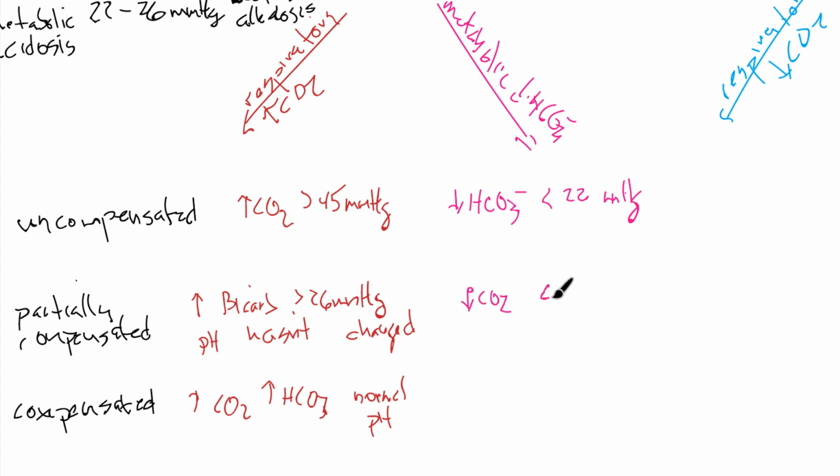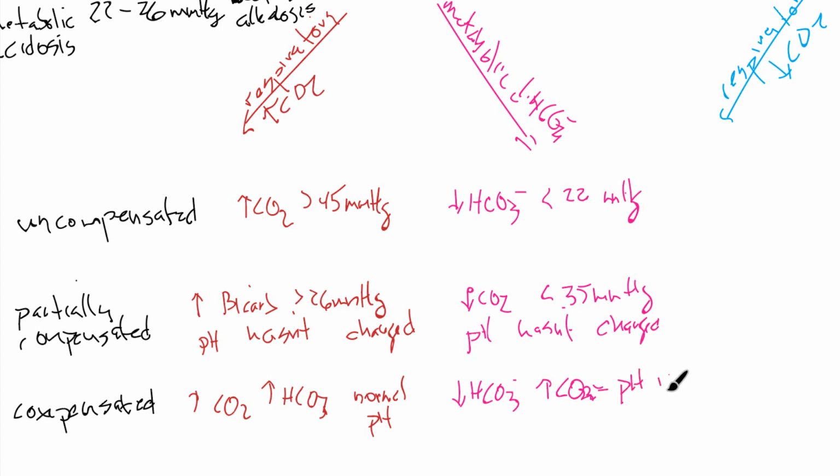And so the CO2 will go less than 35 millimeters of mercury. But it's going to take a while for the pH to change. So if you have low bicarb, and then you have low CO2 to offset it, and then pH is normal, now it's compensated.